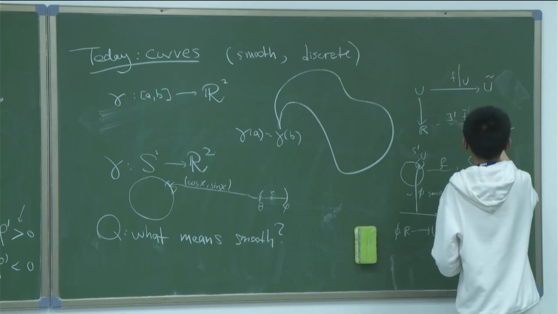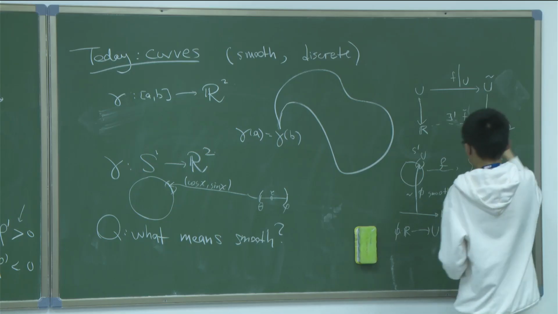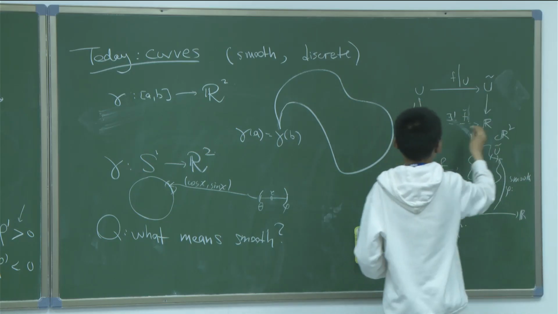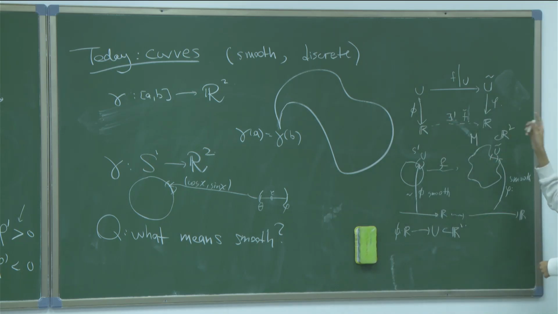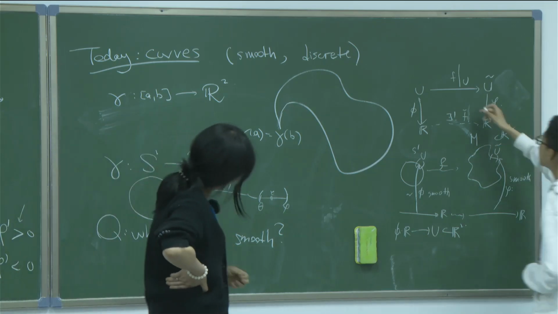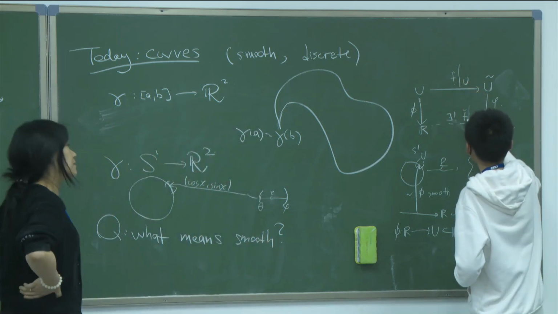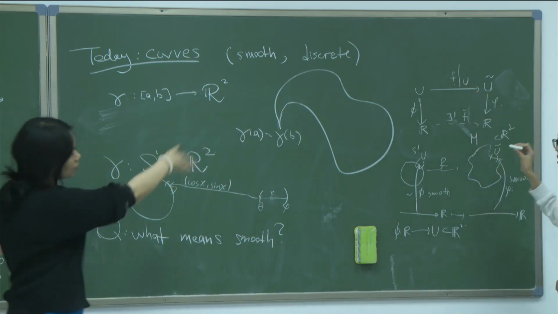So this is R. In this case, then V and this, such that this diagram commutes. Yes. Well, two things. So we say this is smooth if and only if this is smooth. So you don't need to tell that, right?